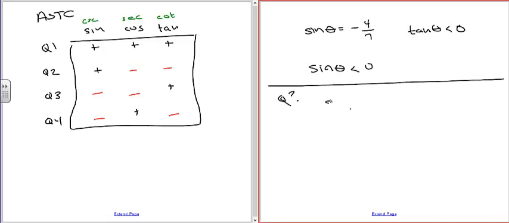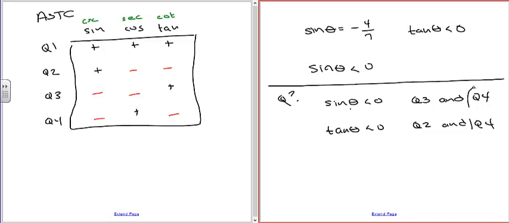The sine of theta is less than 0, so we go out here to sine. It's the third quadrant and the fourth quadrant. The tangent is less than 0 in the second quadrant and fourth quadrant. Okay, got the same answer again: fourth quadrant.